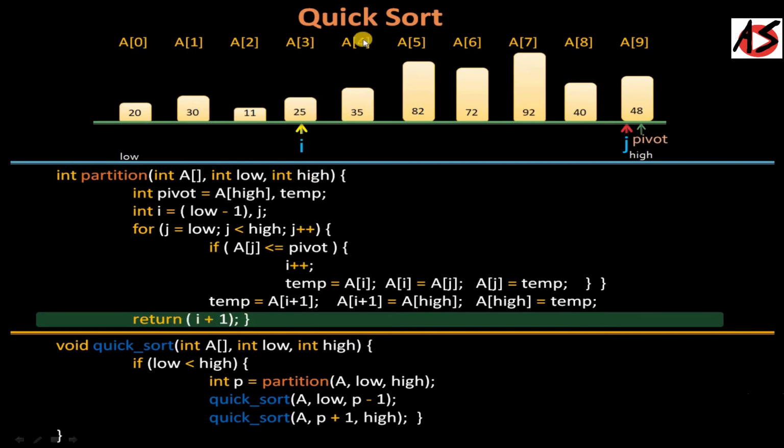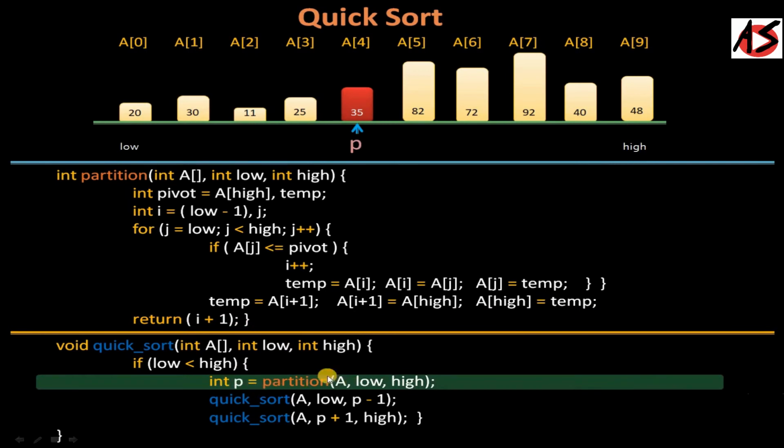Since i is on the third index, i plus 1 is indicating the 4. So from this partition method, you are returning the 4. So p is on the fourth position now in the array.